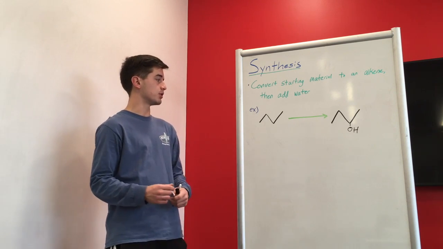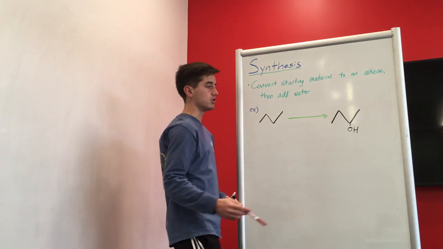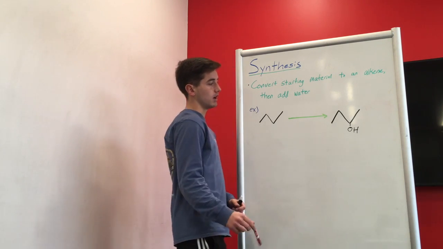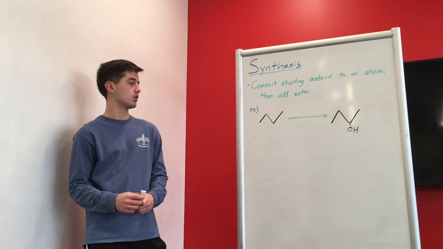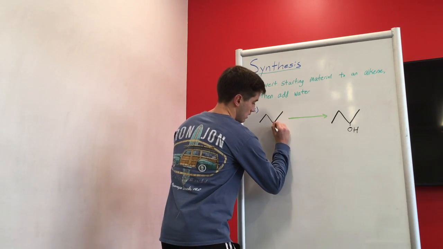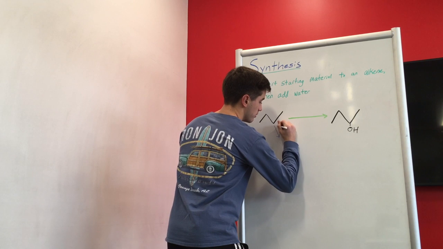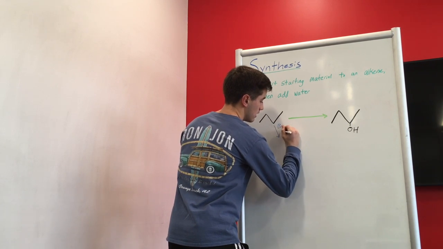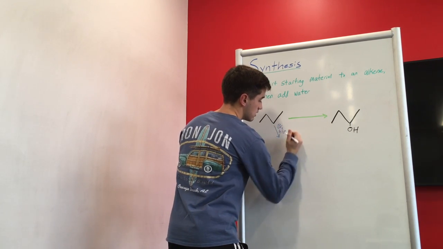So with this example here, say you have a butane and you want to change it to 2-butanol. Well, this is one way to do it. You would do a bromination in the presence of sunlight.